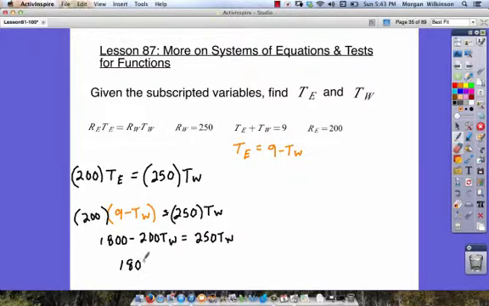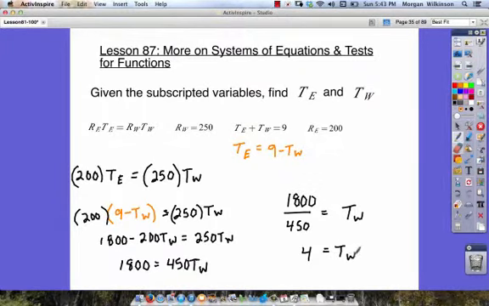And we're going to get 1800 equals, when we add this to both sides, 250 plus 200, that's 450 T sub W. And now we can go ahead and find our final answer by dividing 1800 by 450. Now if you double 450, you get 900, and if you double 900, you get 1800. So this whole thing is going to equal T sub W, which must be equal to 4. 4 equals T sub W.